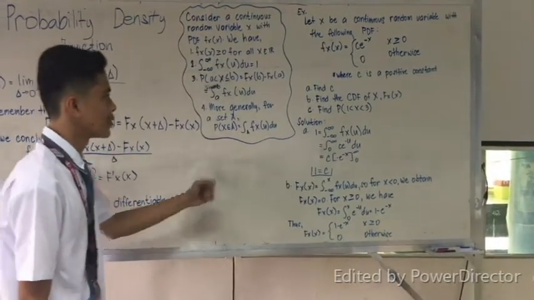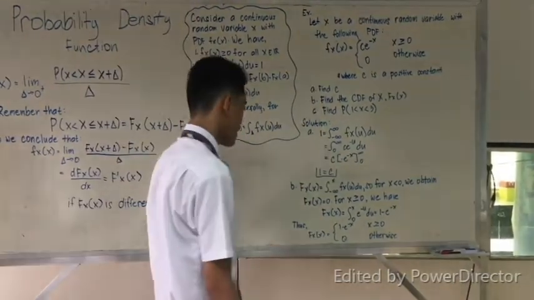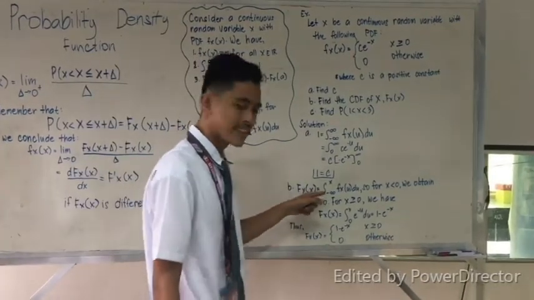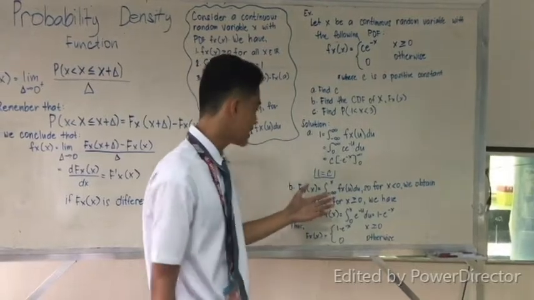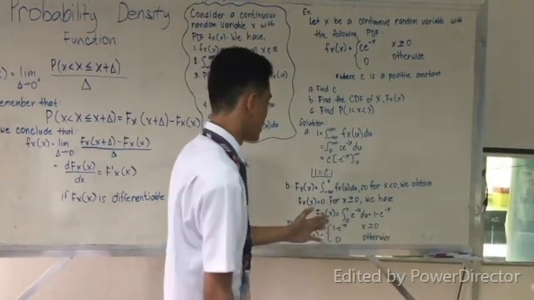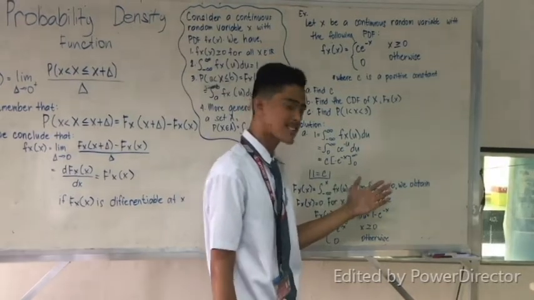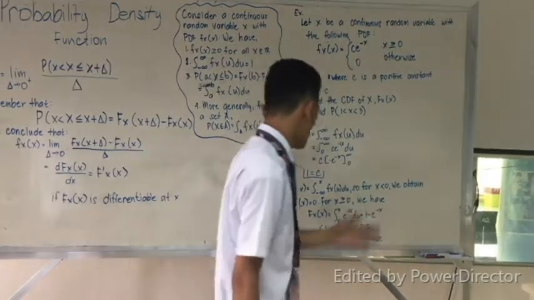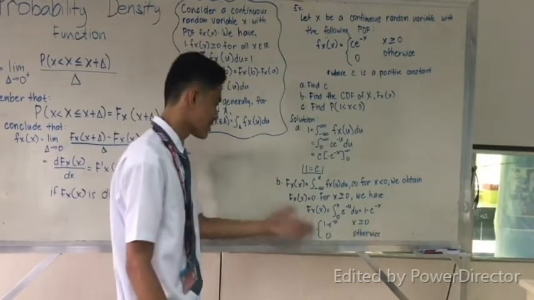So letter B, find the CDF of x. F(x) is equal to the integral from negative infinity to x of f(u) du. For x less than 0, we obtain F(x) equal to 0.